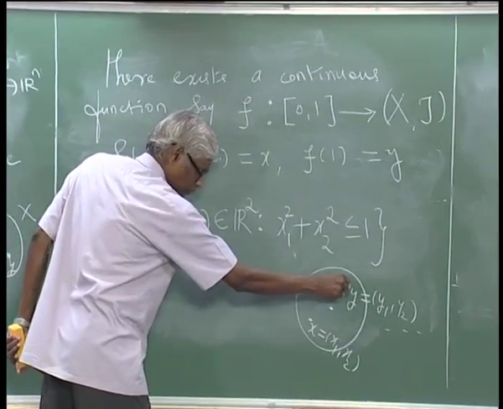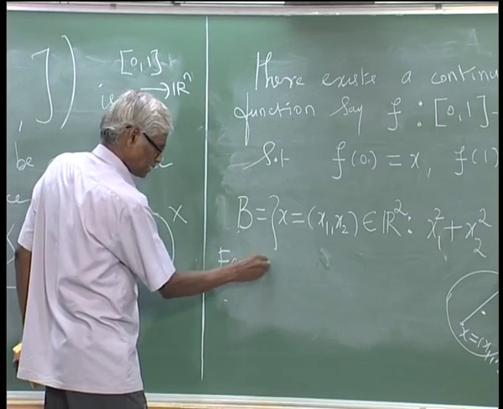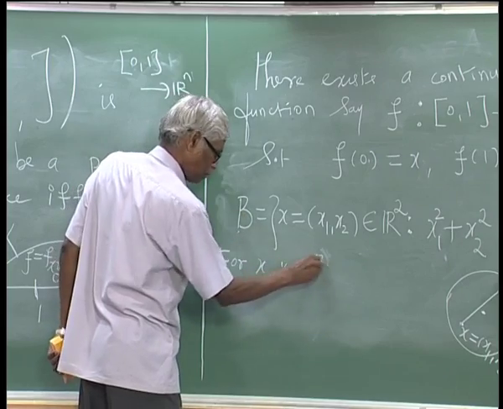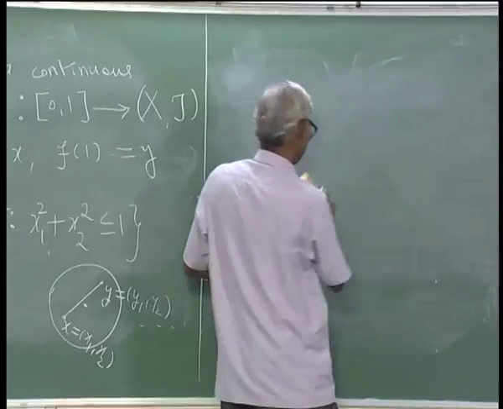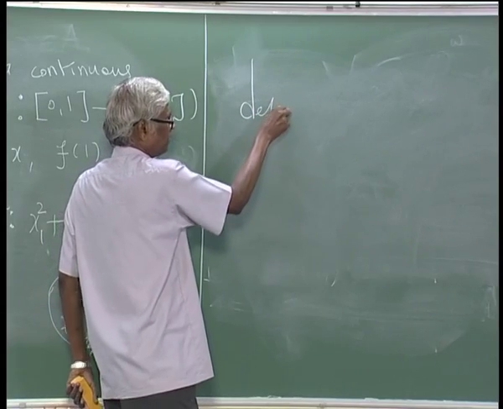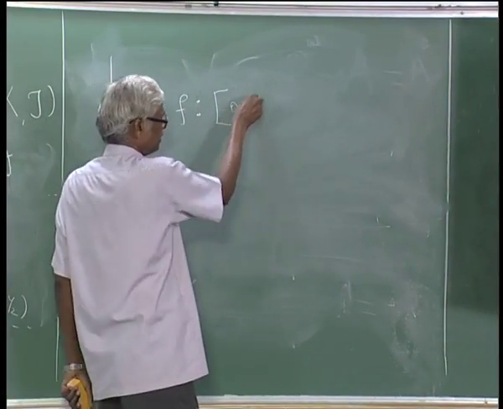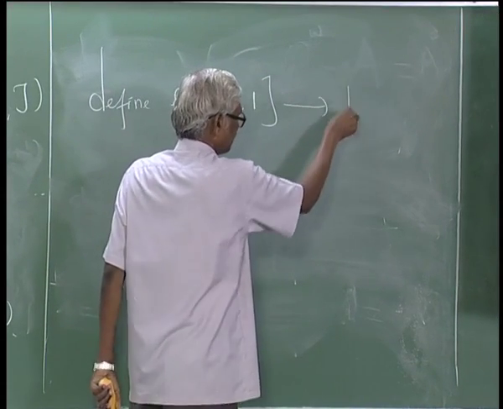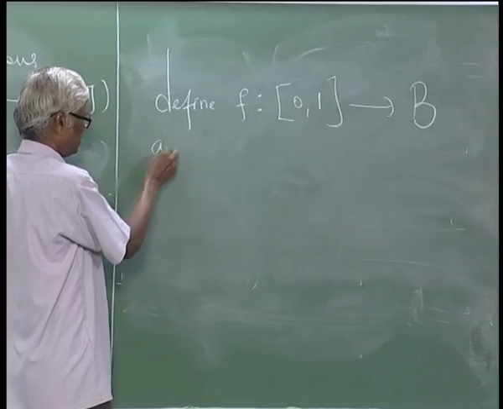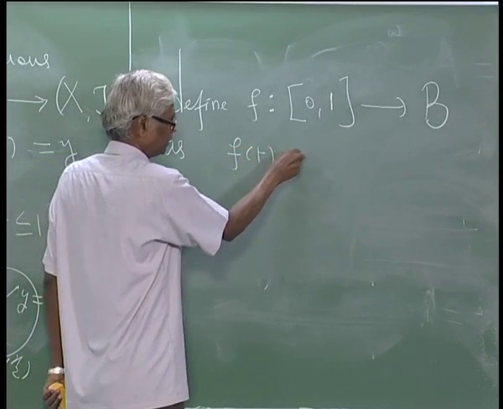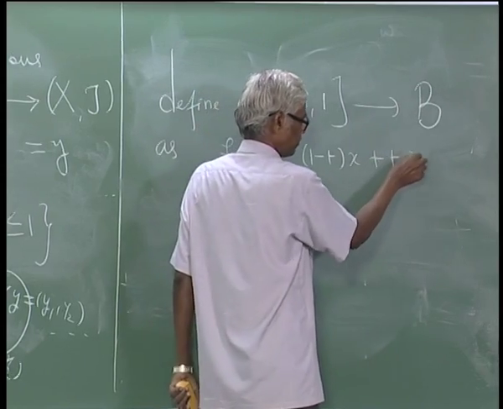So, these can be joined by a line. That is, for x, y belonging to this capital B, define a map f from the closed interval [0, 1] to our space B, which is a subspace of R2, as f of t equal to (1 minus t) times the initial point x plus t times y.